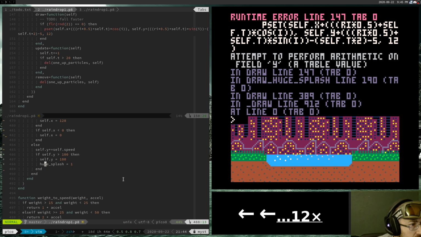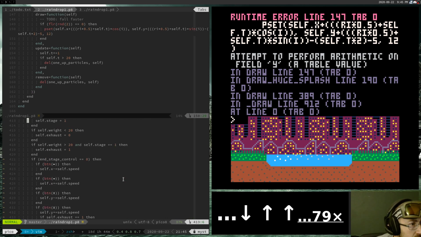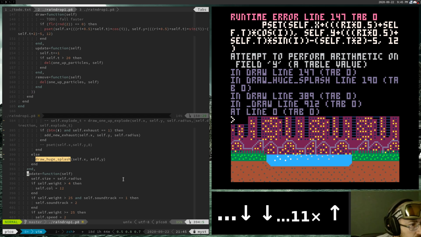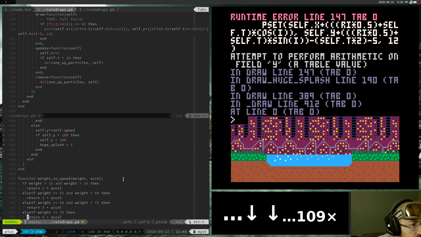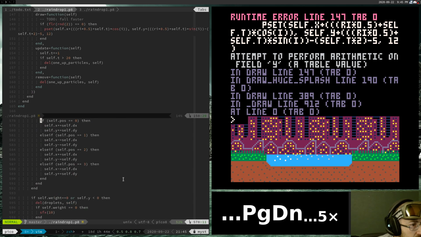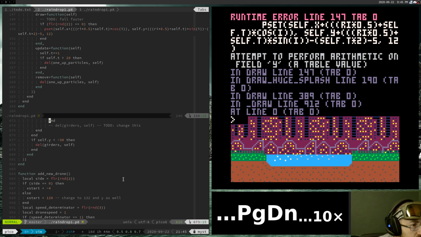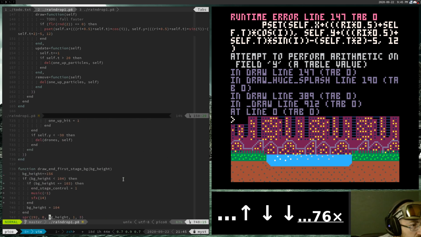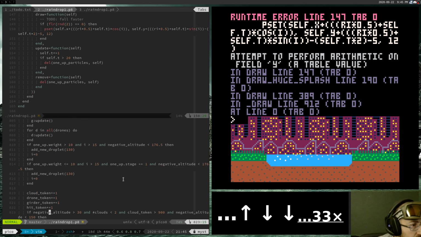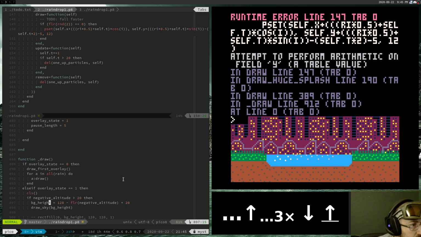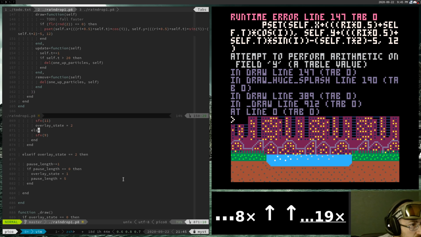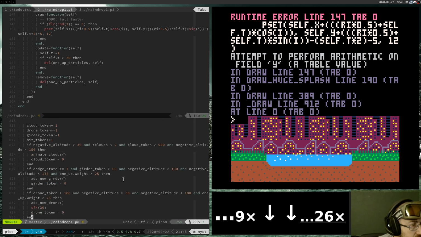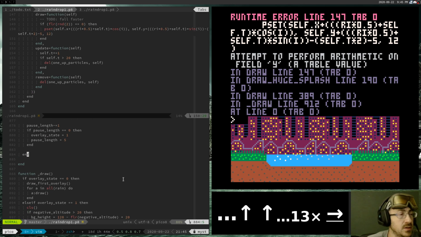All right, if self.y huge splash equals 1 over here, so that's an update solve. Okay. So I'm thinking over here, we just have another update thing. That happens in update. I guess all the way at the bottom of update.